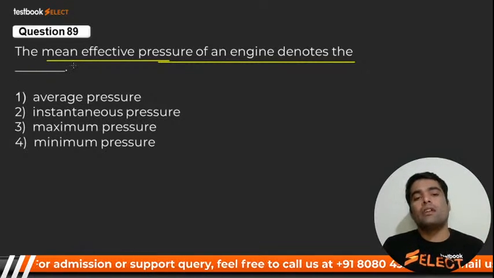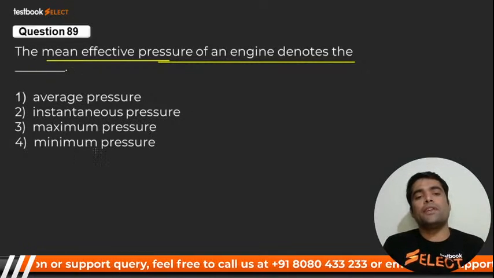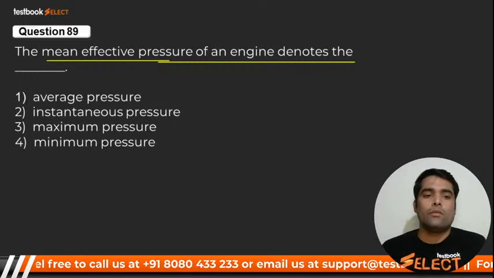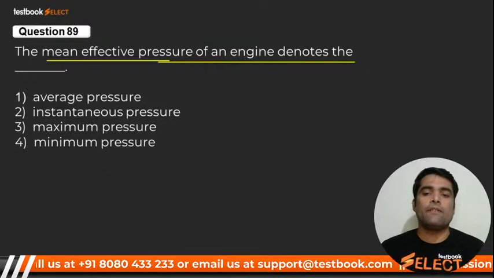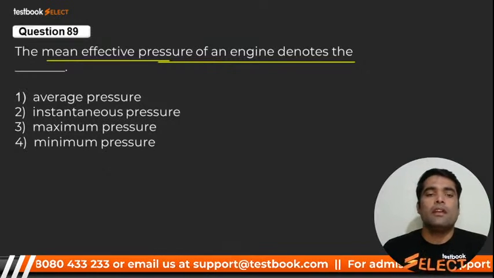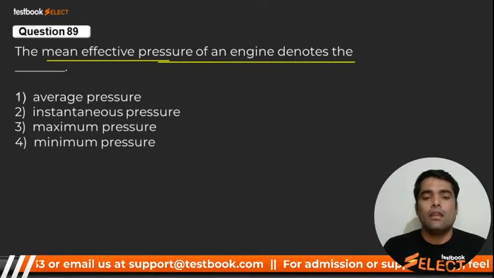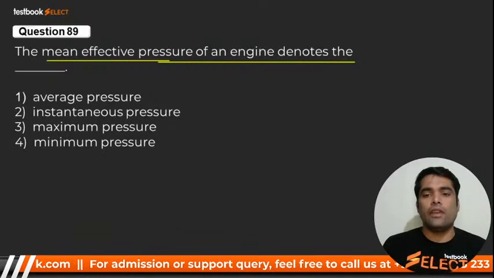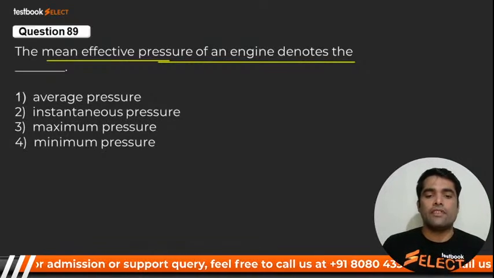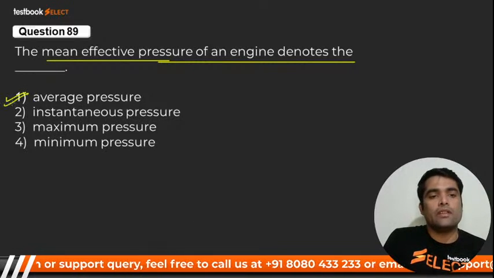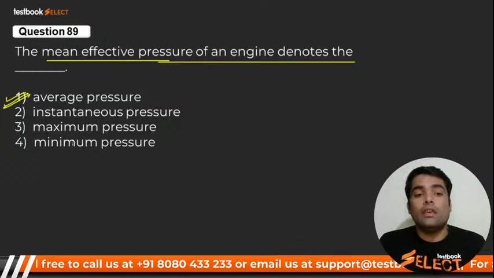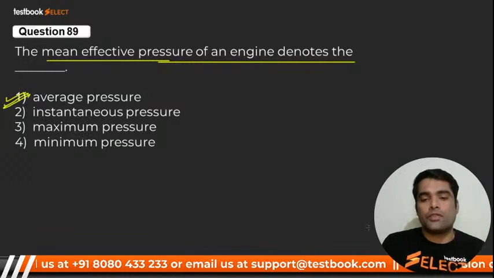That indicates what? Average pressure, instantaneous pressure, maximum pressure, minimum pressure. हाँ जी बच्चा, आधे ज्यादा जनता लुढ़केगी इसमें। Tell me the answer for it. Be fast. Very good, very good. Average, that should be average only, average pressure. Some people thought like कि maximum होगा, maximum नहीं होता, it is average pressure.